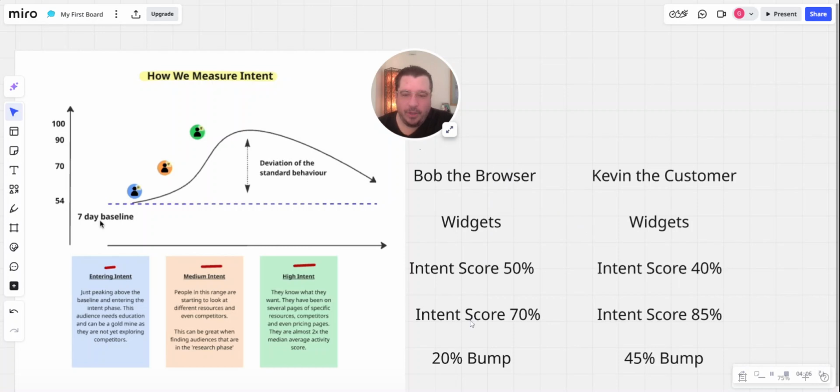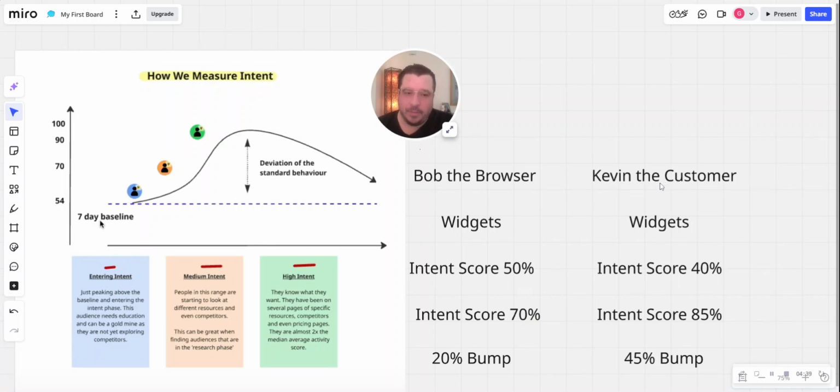Bob the Browser all of a sudden hits some review pages or some competitor pages or pricing pages, and his intent score jumps from 50% to 70%. So it doesn't have as big a jump because he's always in that research phase. So while we would still want to target him in a lot of scenarios, his intent score wouldn't indicate he's a hot buyer.